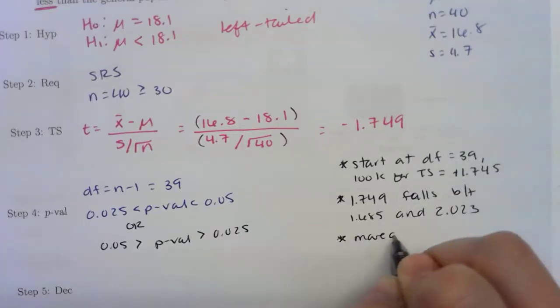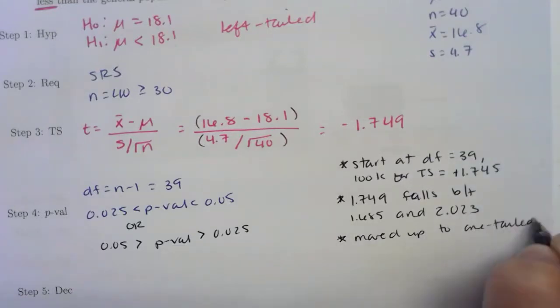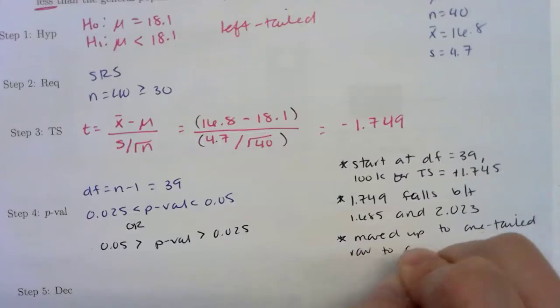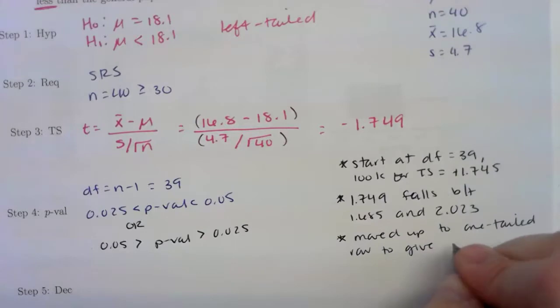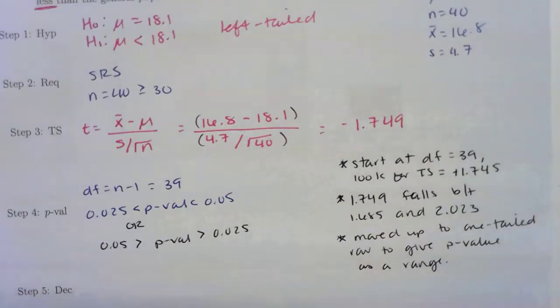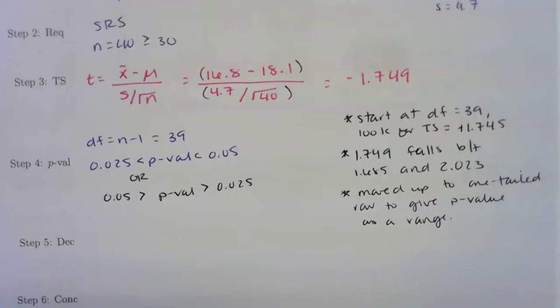Then we moved up to the one-tailed row to find the p-value bounds. This is what we are limited to using the t-table. We are limited to giving a p-value as a range.